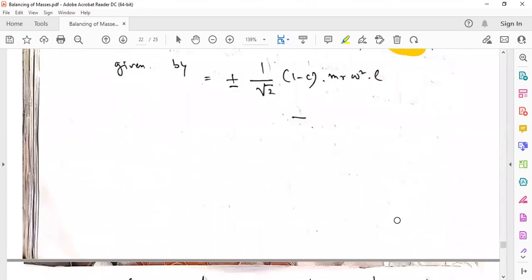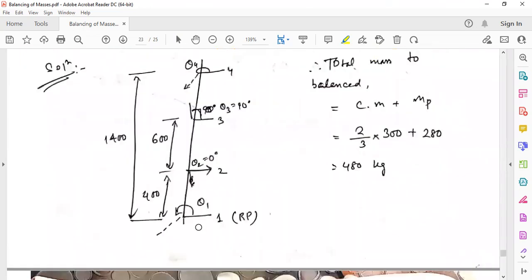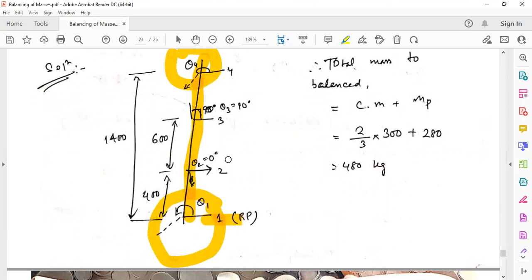So 1, 2, 3, 4. We will show it in a line, so that we can solve it easily. This one is the first wheel. This is another wheel at point 4, and 2 and 3 are actually engines. So we will first make 1 2 3 4.